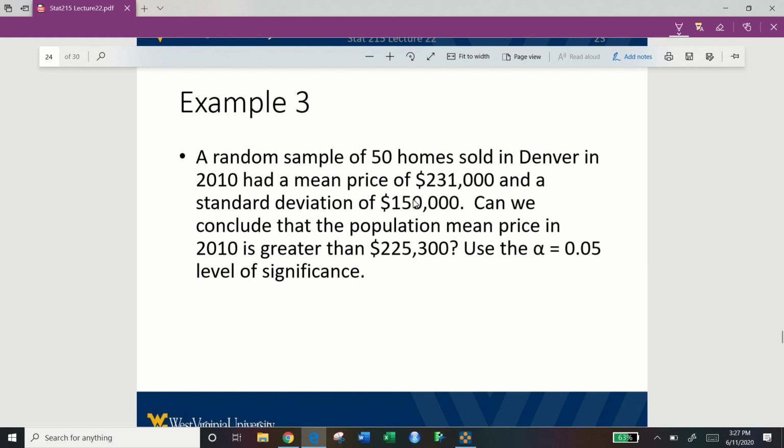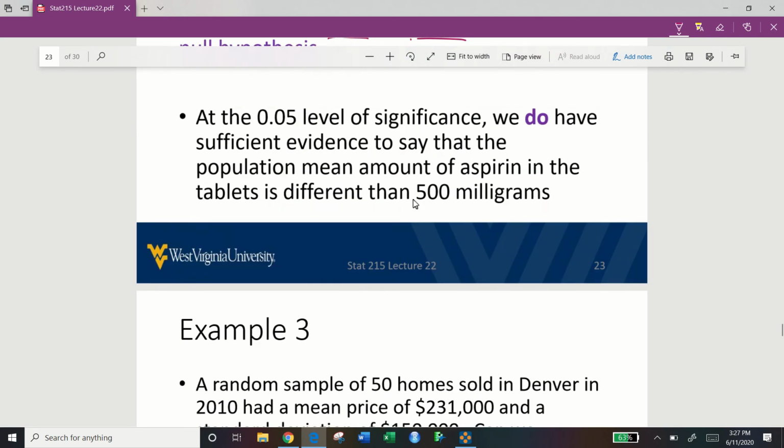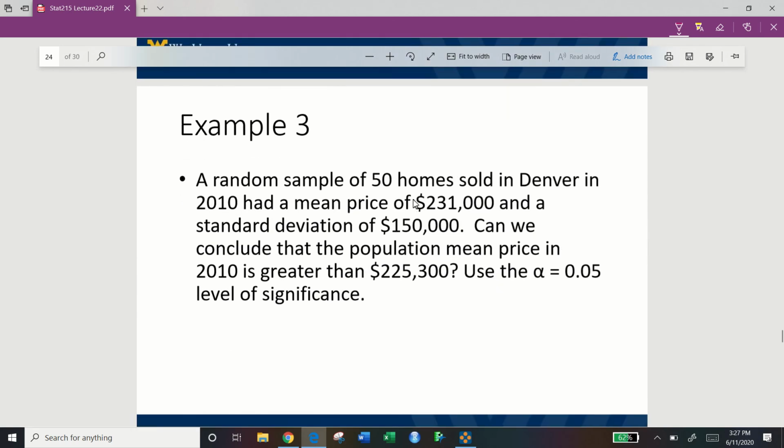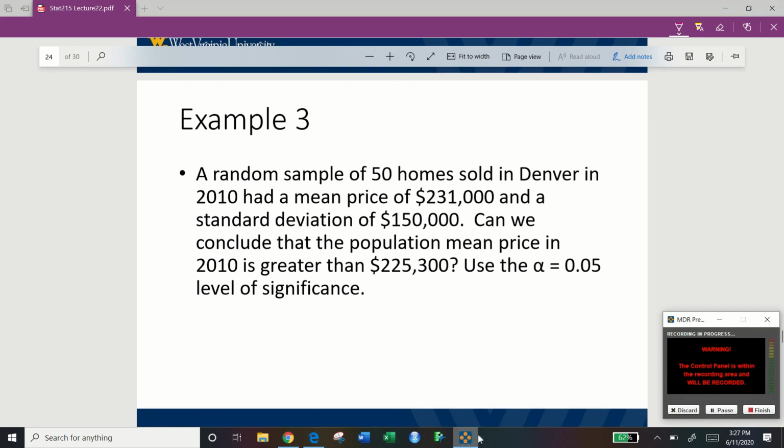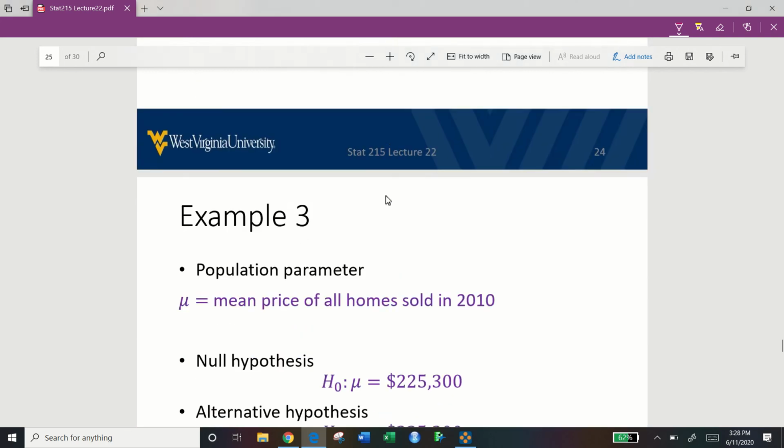To begin this problem, we need to state our hypothesis test. In this case, our population mean parameter mu will be the mean price of all homes sold in 2010. Our null hypothesis will be mu equals our hypothesized value. Let's scroll up and double check. Okay, everything looks good.